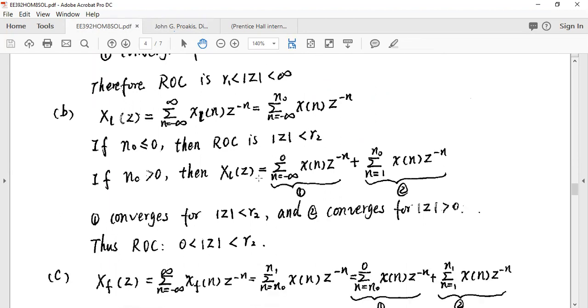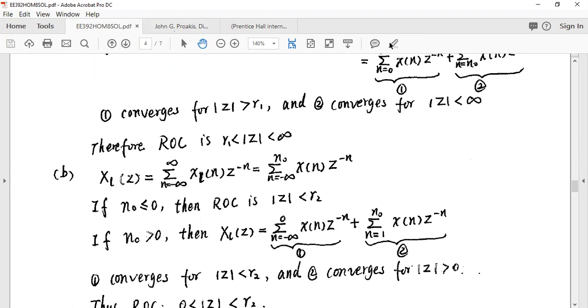What happens if your n naught does not start on this side? If your n naught is not less than or equal to 0, what happens in that case? Let's say your system starts from here, what if n naught is greater than 0?